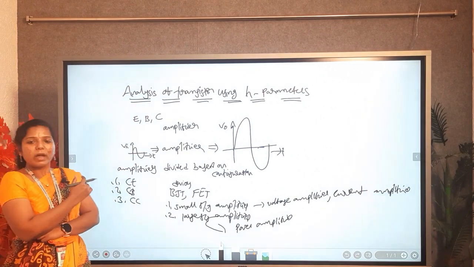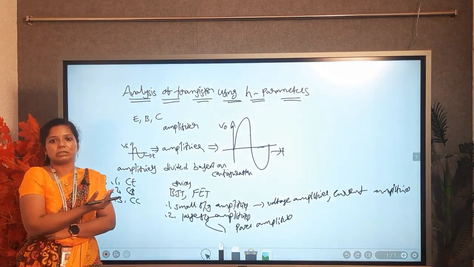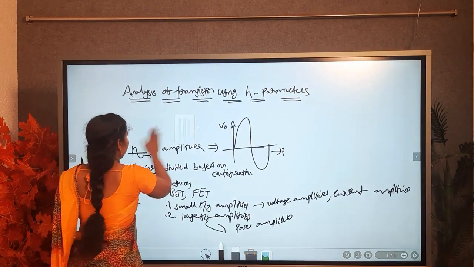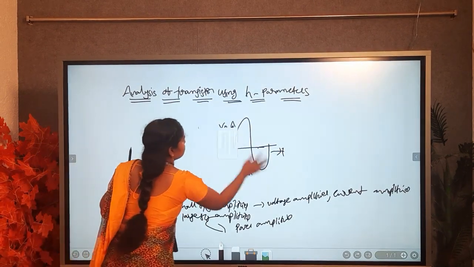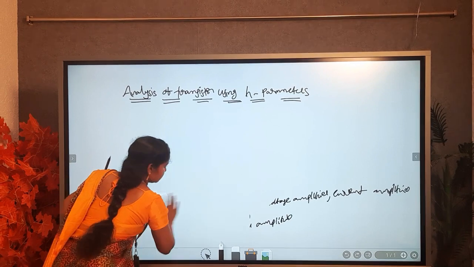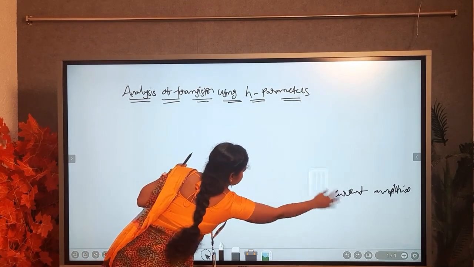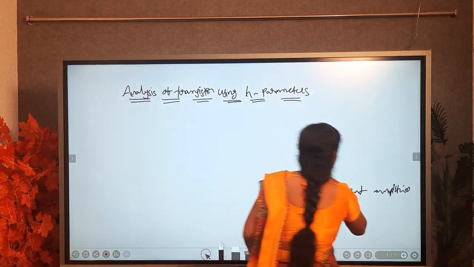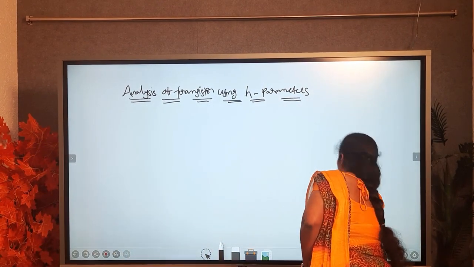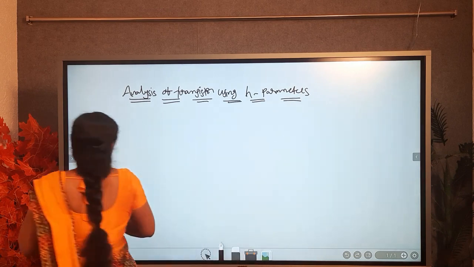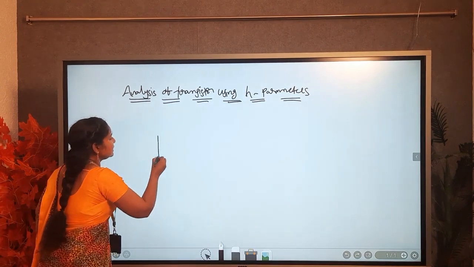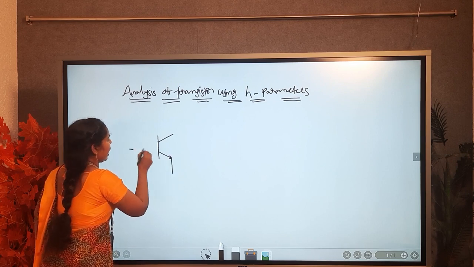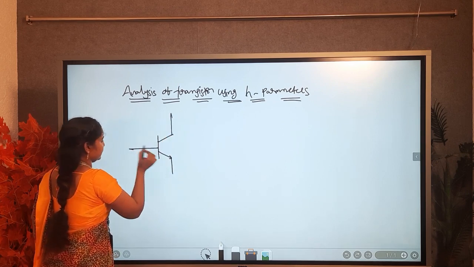My question is, why can the transistor be analyzed? Because, take a single, simple CE amplifier. That means I am not taking any resistors in that.